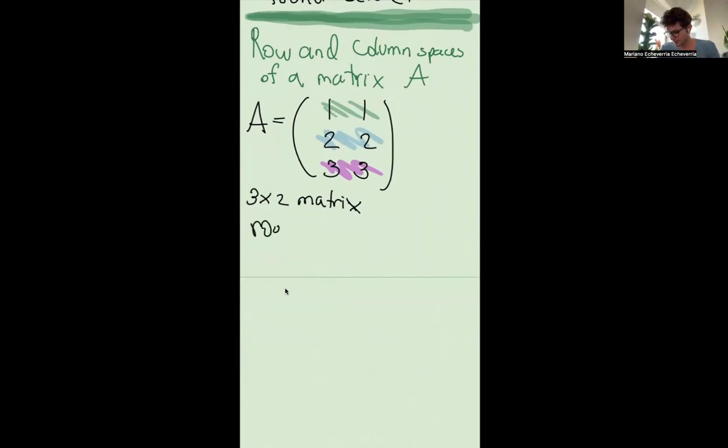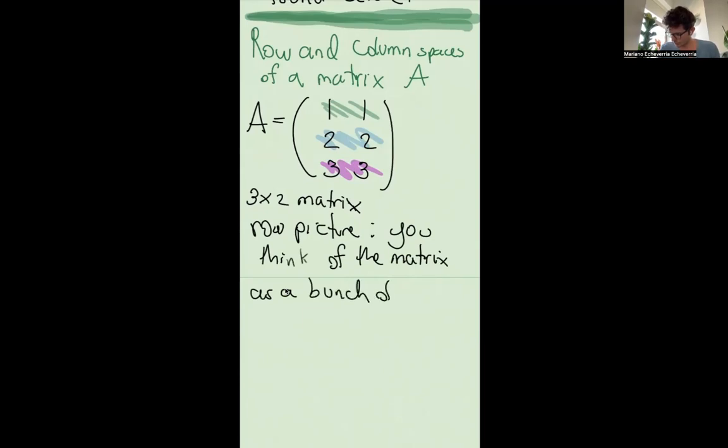In the row picture, you think of the matrix as a bunch of row vectors.